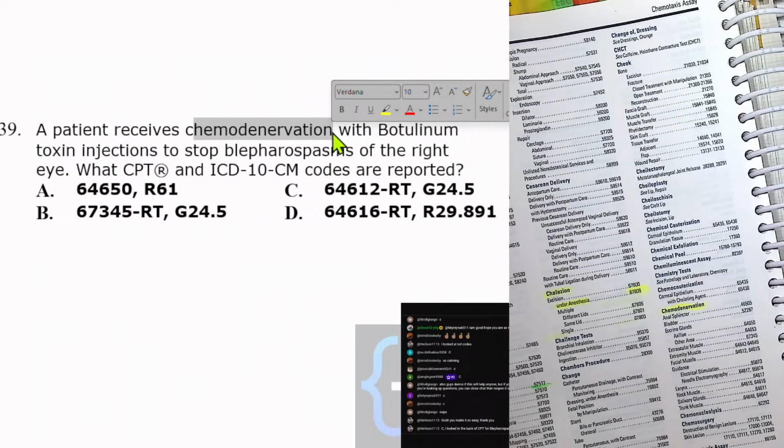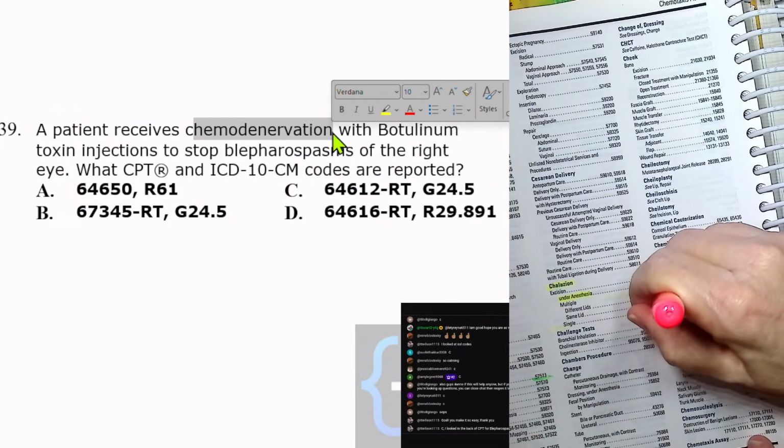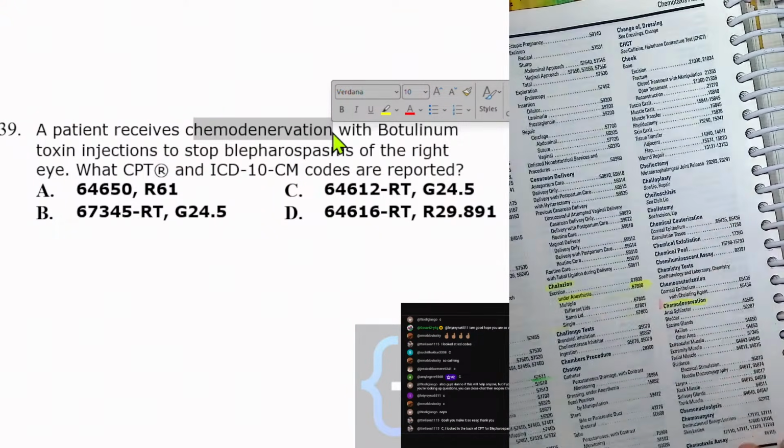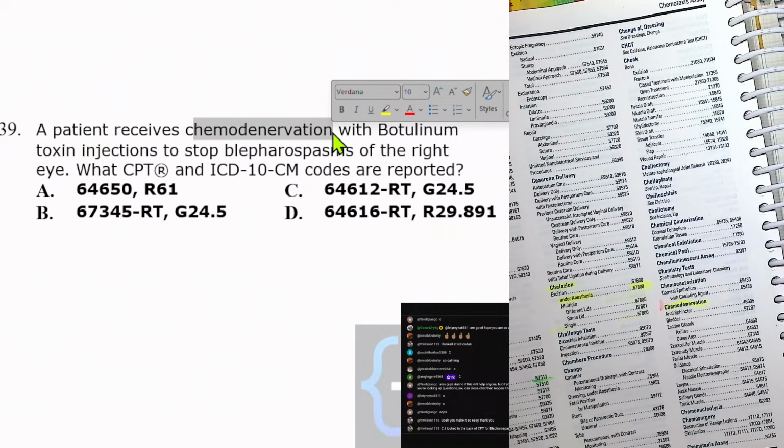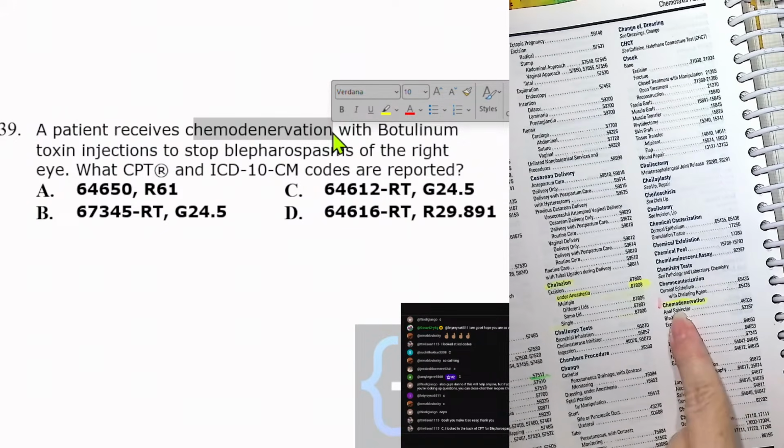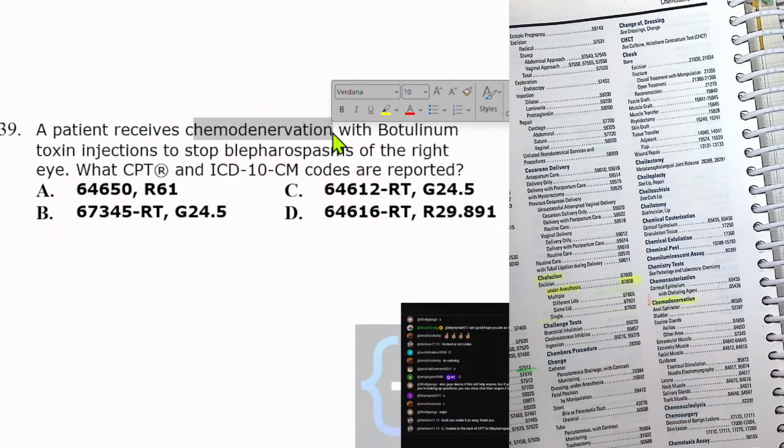Our word is on page 1132 if you're in the AMA CPT for 2026. Third column over towards the bottom. You looked under blepharospasm. That's awesome.